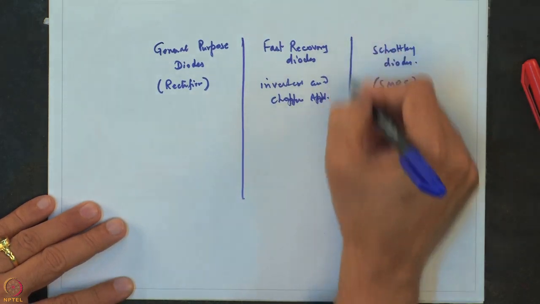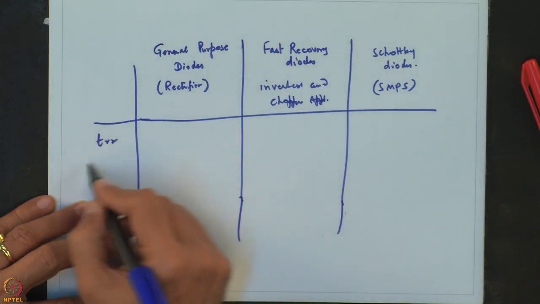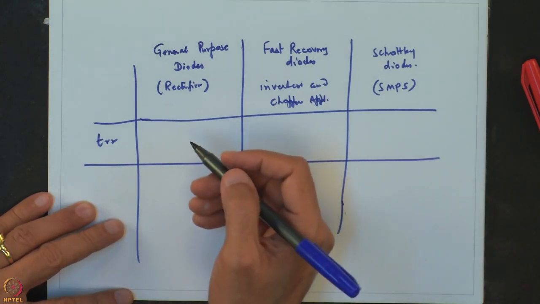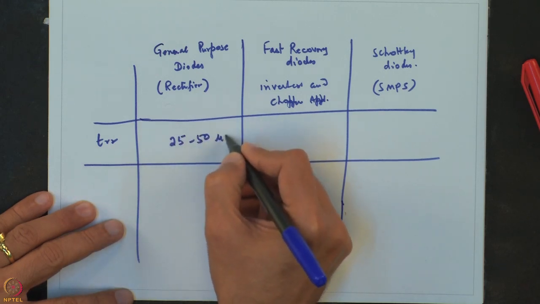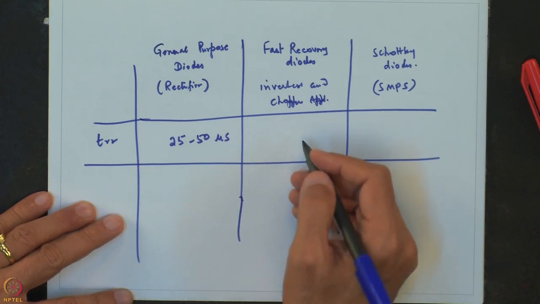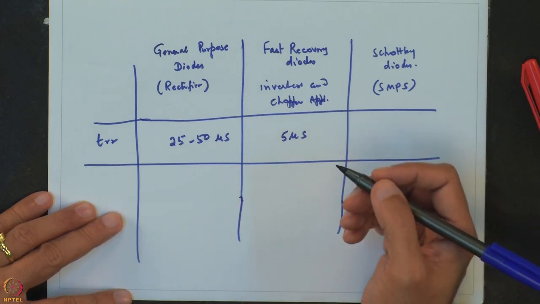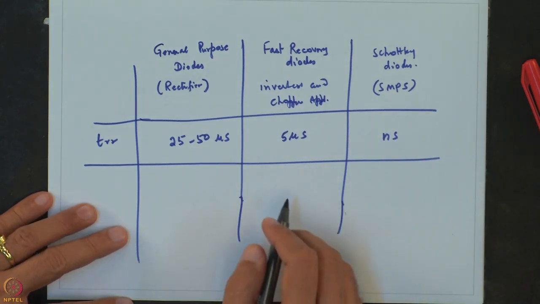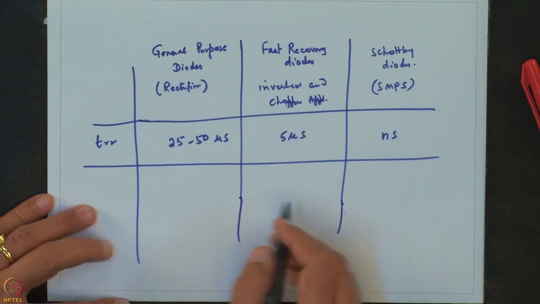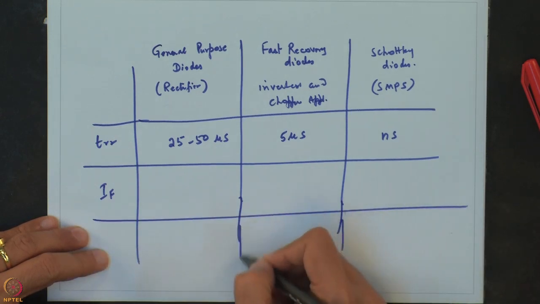Now I will write down some typical numbers here and compare these 3. For TRR, the general purpose diodes would have something like 25 to 50 microseconds. The fast recovery diodes would typically have 5 microseconds of reverse recovery time, while the Schottky diodes would have it in nanoseconds. We just saw one Schottky diode which had something like 70 nanoseconds as a reverse recovery time. The other important parameter is the forward current which can be carried by the diode.